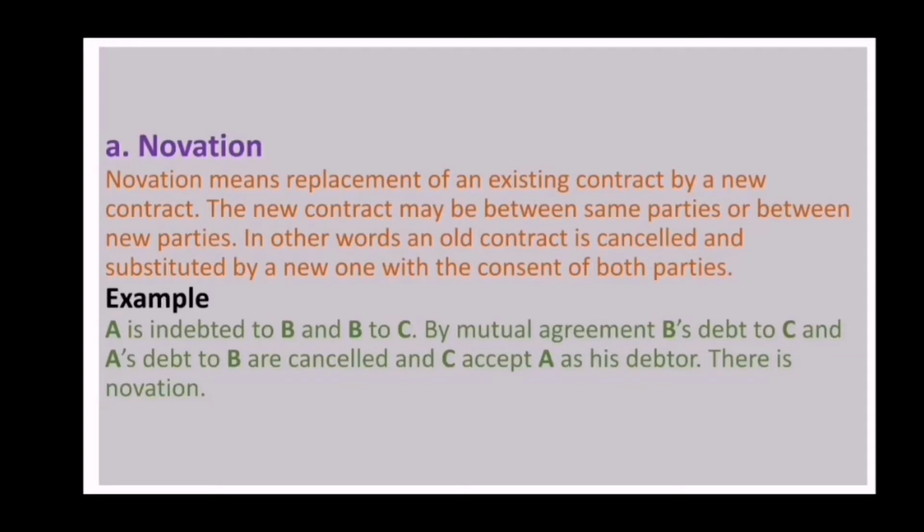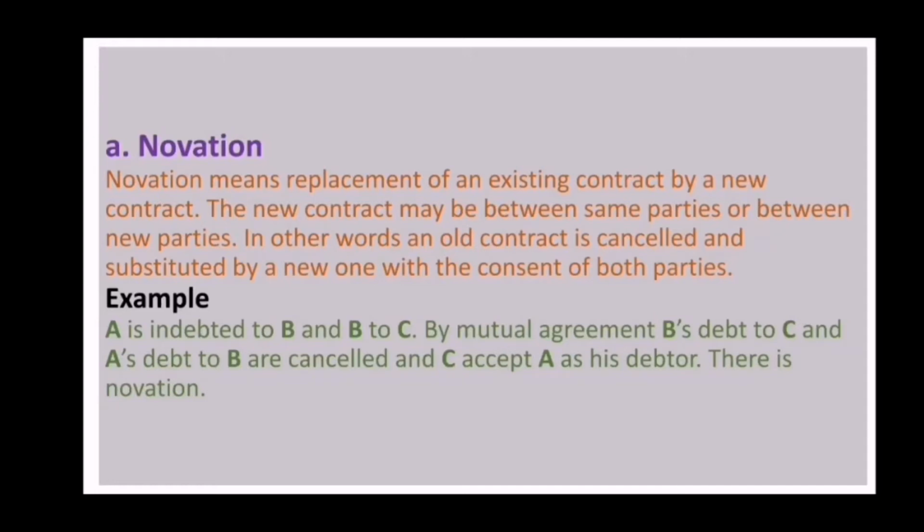Students, when the old contract is discharged and a new contract comes into existence, the parties are released from their obligations as far as the old contract is concerned. The new contract should be valid and enforceable with the mutual consent of the parties.